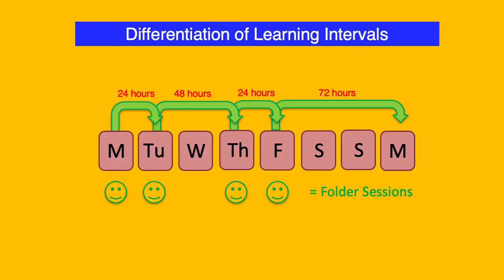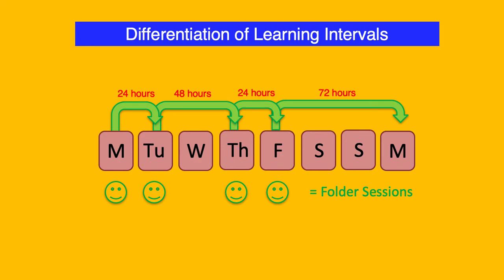The final way that you can differentiate learning is by taking a look at the intervals between folder sessions. Now, this is just a typical classroom. They're using the folders 4 times a week. But if you find that there's a student who's still not experiencing success at a good rate, then you could adjust these learning levels.